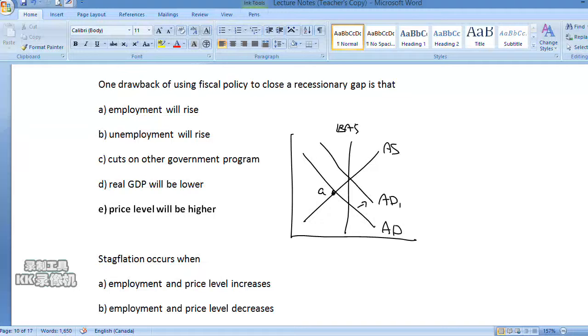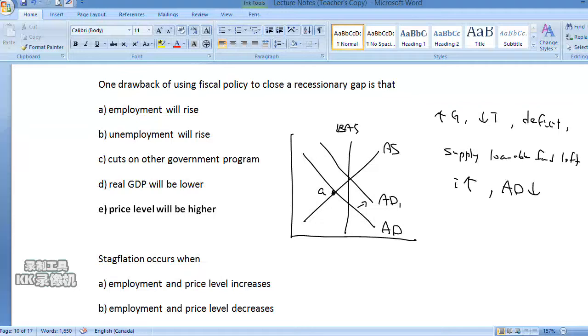However, we are increasing government spending, decreasing taxes, creating a deficit, which will shift the supply of loanable funds left, and this will drive interest rates up, which will shift the AD curve back. So one drawback is the crowding out effect.